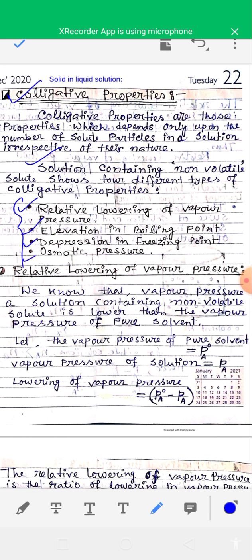These are four important qualitative properties of a dilute solution in which a non-volatile solute is present.